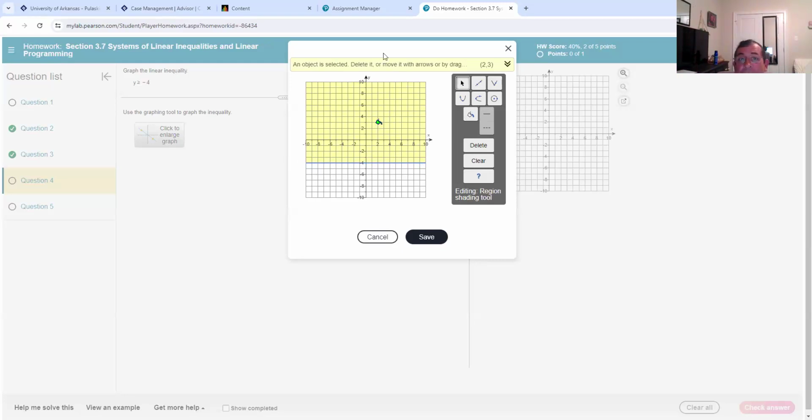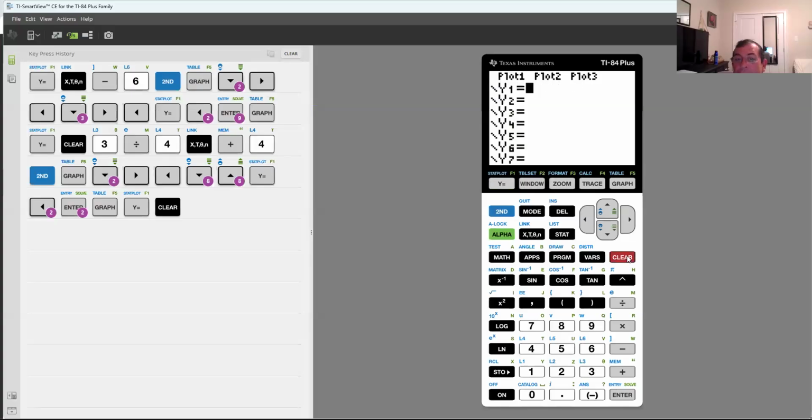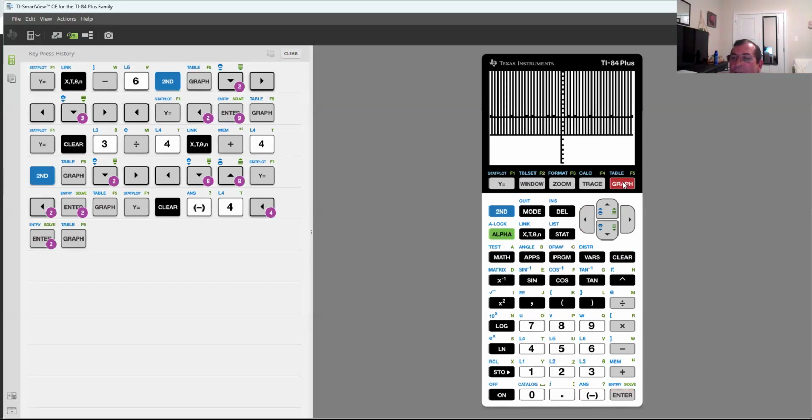Now we'll say this, y'all. The calculator cannot do the x's, but the calculator can do the y's. So what I have, negative 4, so put in a negative 4, and then I'm going to arrow left over here, and it's greater than, so I'm going to do the triangle that's bigger on top, and then I'm going to hit graph.